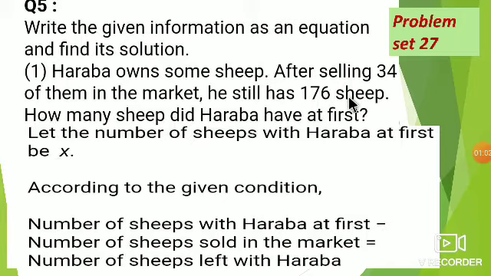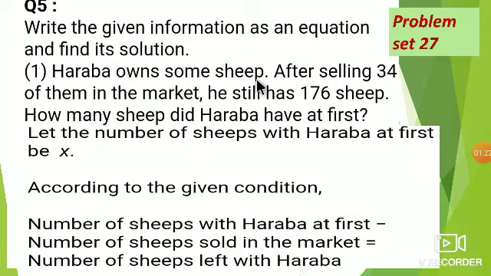After selling, he had 176. So how many sheep did Harba have at first? Here we don't know this number. So we will consider, let the number of sheep with Harba at first be x.